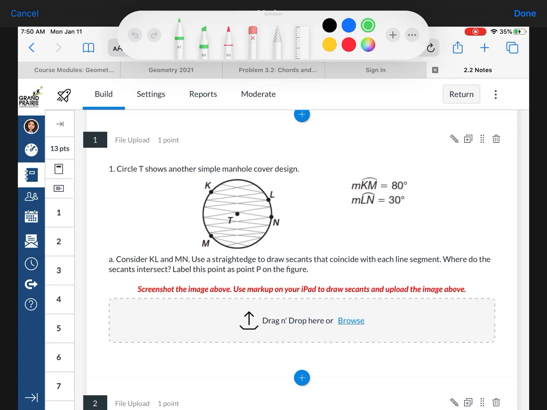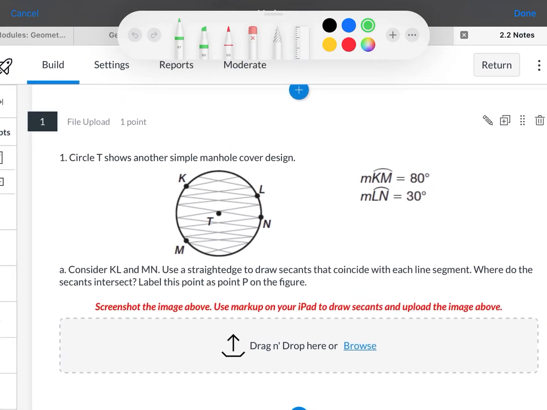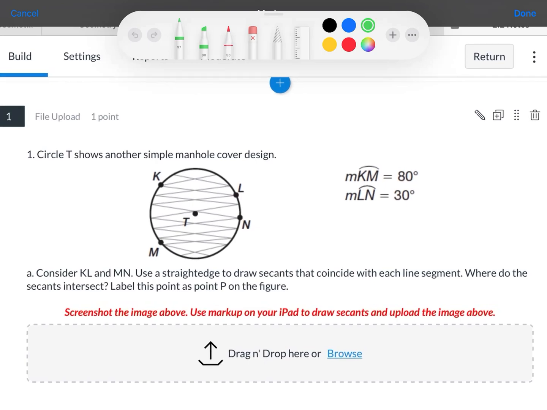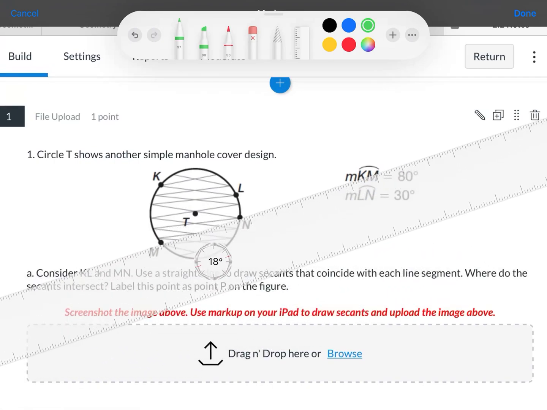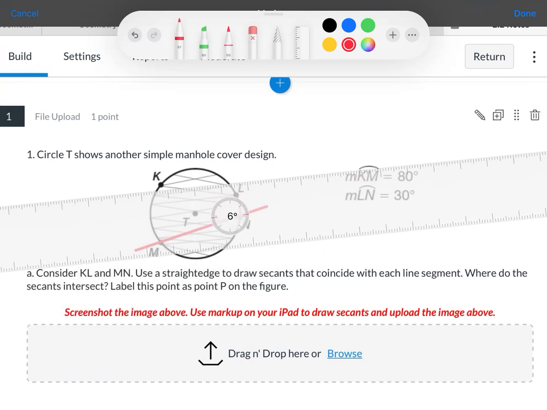All right, so let's go ahead and draw these line segments, these secants. Okay, remember a secant, think of it as like a cupid arrow going into the heart and out the other end. And so here we have one secant.